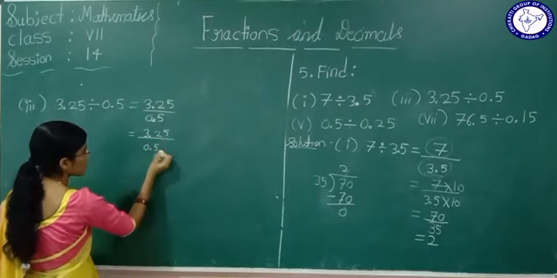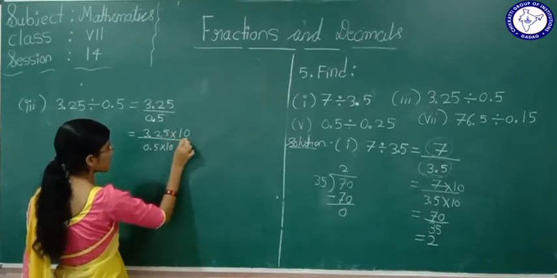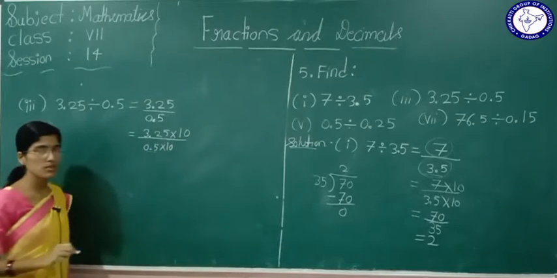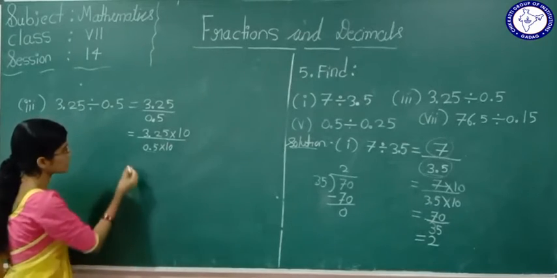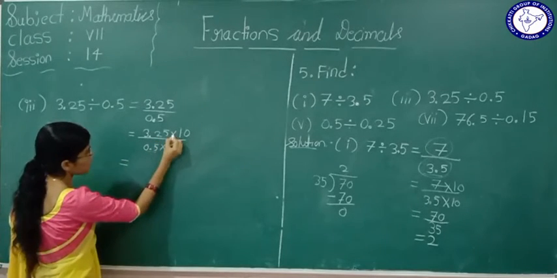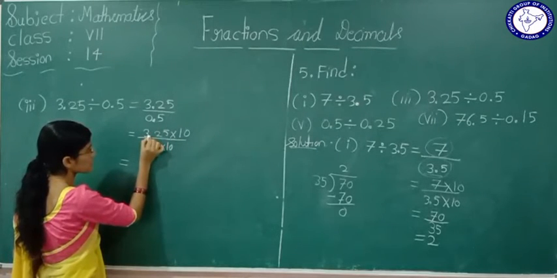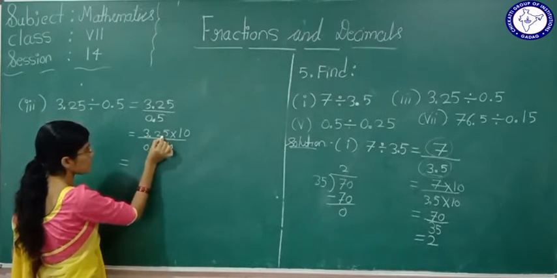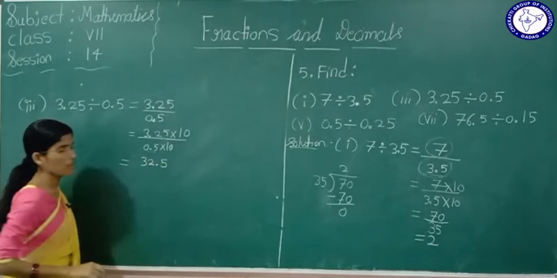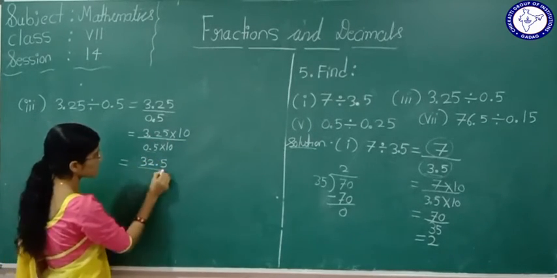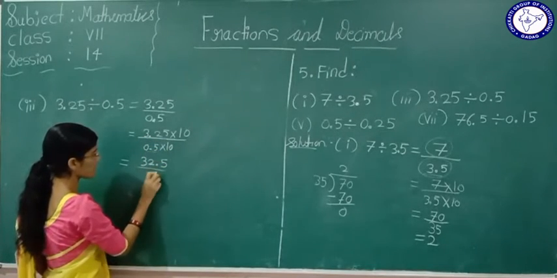To make it a whole number, we will multiply by 10. Then the divisor becomes a whole number. If we multiply a decimal number by 10, just shift the decimal point to the right by one place. It becomes 32.5, and this becomes 5.